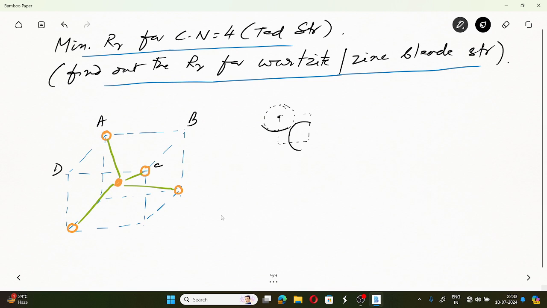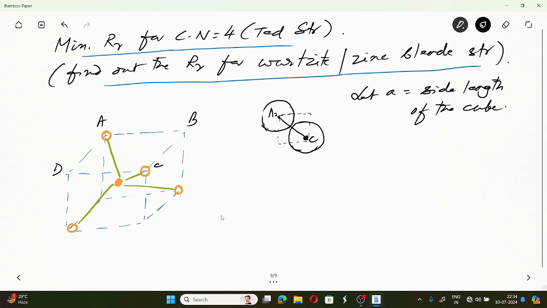So this is an anion and there is another anion which are at the corners of the diagonals. ঠিক আছে, তো তার মানে এইটাকে আমরা বলছি A আর এটাকে বলছি this is C. আমরা যদি বলি let A equals side length of the cube.